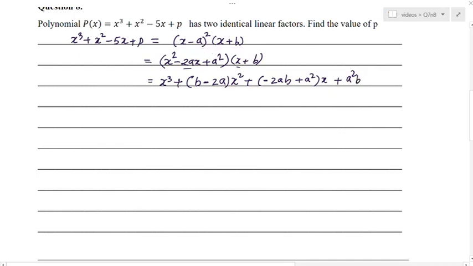All right, just like in the previous question, you have two polynomials which are equal, which means the coefficients of similar terms on both sides should be equal.